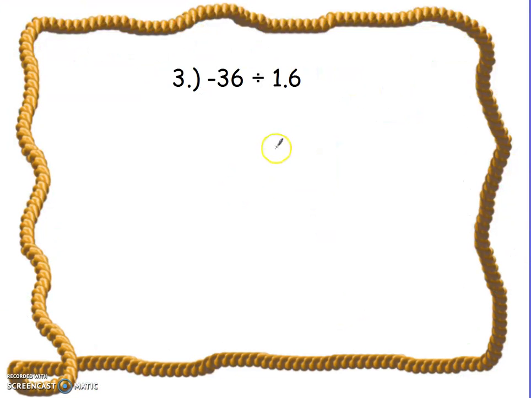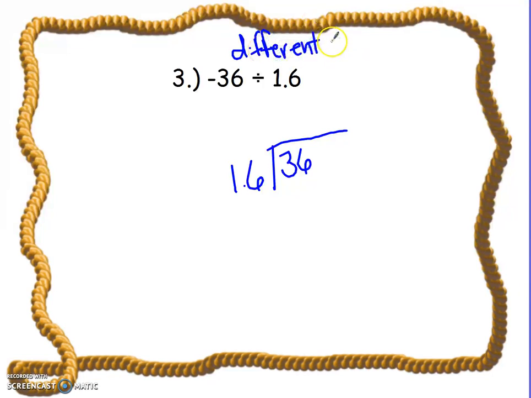Okay, number 3. Negative 36 is going to go inside the house. 1.6 is going to be our divisor. It goes outside the house. The signs are different, so the answer is going to be negative, or there is an odd amount of signs. We're going to hop it once.